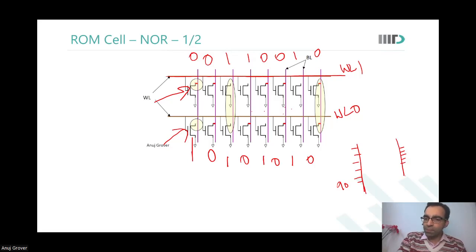Now, I want to read a particular row where this cell is connected, but this is not. So what happens? This bit line will discharge to 0 very, very fast because the bit line capacitance is low. This bit line will remain at VDD. However, because its load is very large and there is so much leakage on it, it will fall a little. But there is this very fast moving signal right next to it. It will cause it to fall further due to coupling.